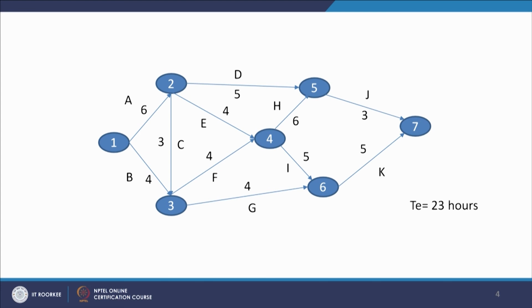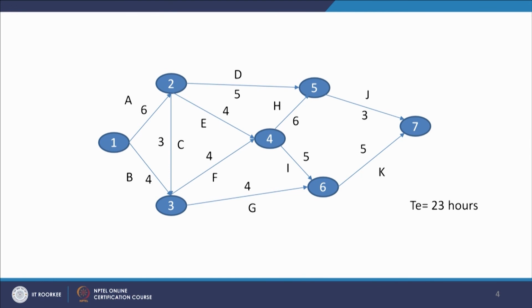In our network, the start node is node number 1 and the ending node is node number 7. Between 1 and 7 we can see the paths available. 1, 2, 5 and 7 is one path, 1, 2, 4, 5 and 7 is another path, 1, 2, 4, 6 and 7 is another path, then 1, 3, 4, 5 and 7 is another path, then 1, 3, 4, 6 and 7 is another path.